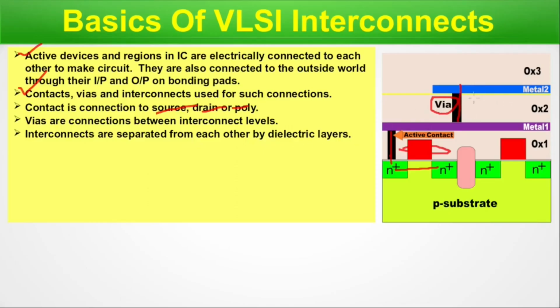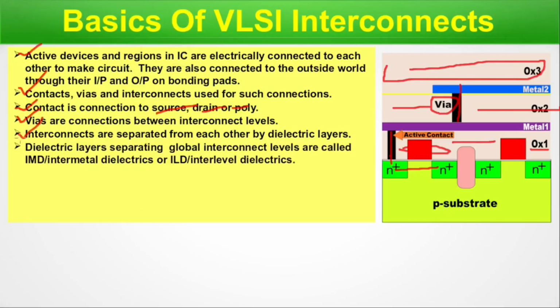So these are not actually in a vacuum. In this area oxide is there. Dielectric layers separating global interconnect levels are called IMD or intermetal dielectric, or ILD or interlevel dielectric. These are basically the nomenclature of dielectric layers to separate them from the gate level.